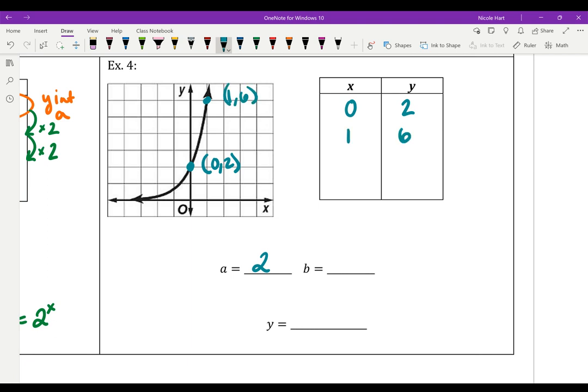So here I only have 2 points to work with. Again, we found our y-intercept, which is a, which is 2. And so going from 2 to 6, I'm multiplying by 3. So b is 3. So our equation says y equals 2, parentheses 3, exponent of x.